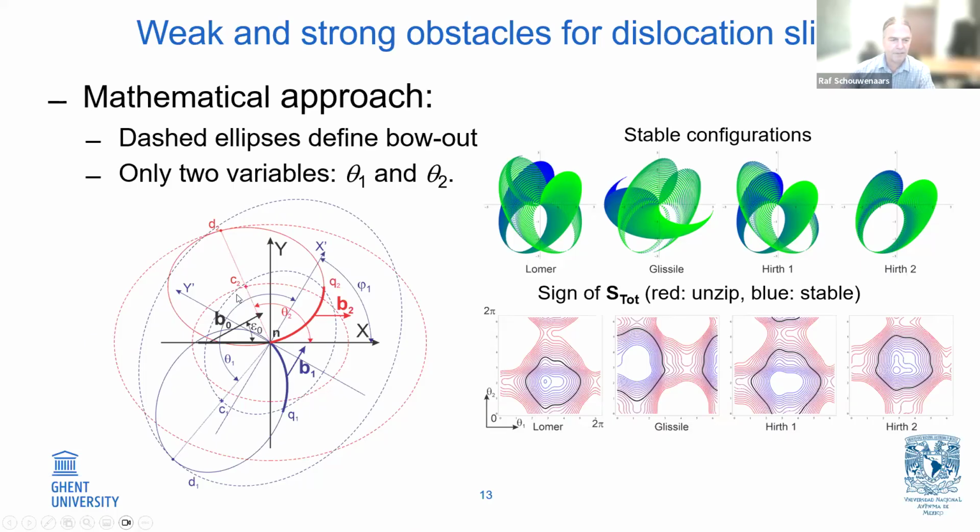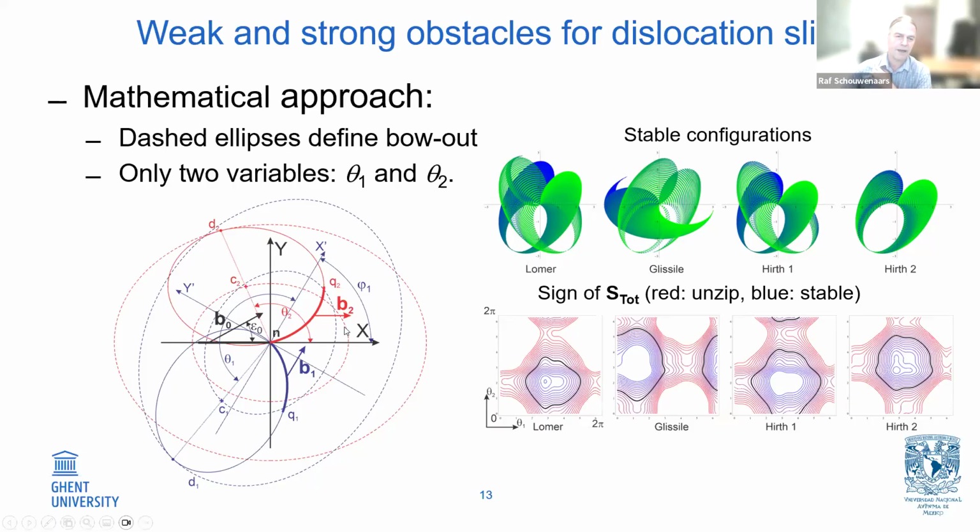And we find these small ellipses which define the locus of the center of these dislocation loops. And then it follows that the only thing we have to look at are these angles θ1 and θ2, which define the point of the center of the ellipse with respect to the reference axis.